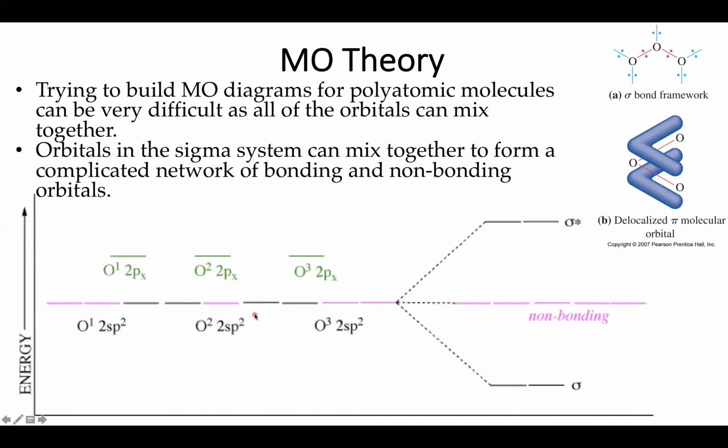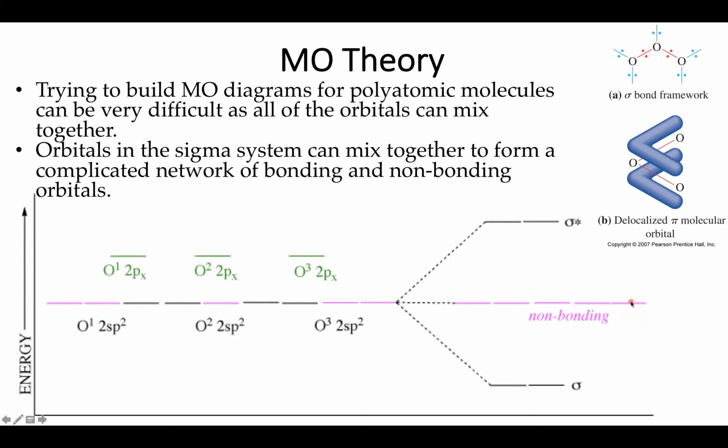Again, we could get this idea from VSEPR. We will indeed form two sets of bonding orbitals, one linking this set of oxygen atoms, one linking this set. They're both going to be degenerate, and in truth, they get a bit messy. The remaining set of 5 orbitals will essentially remain non-bonding.